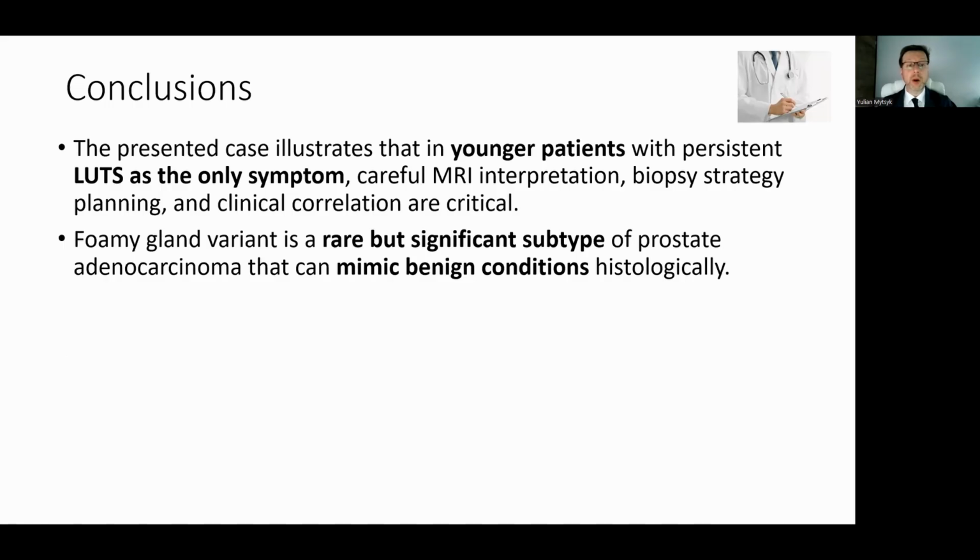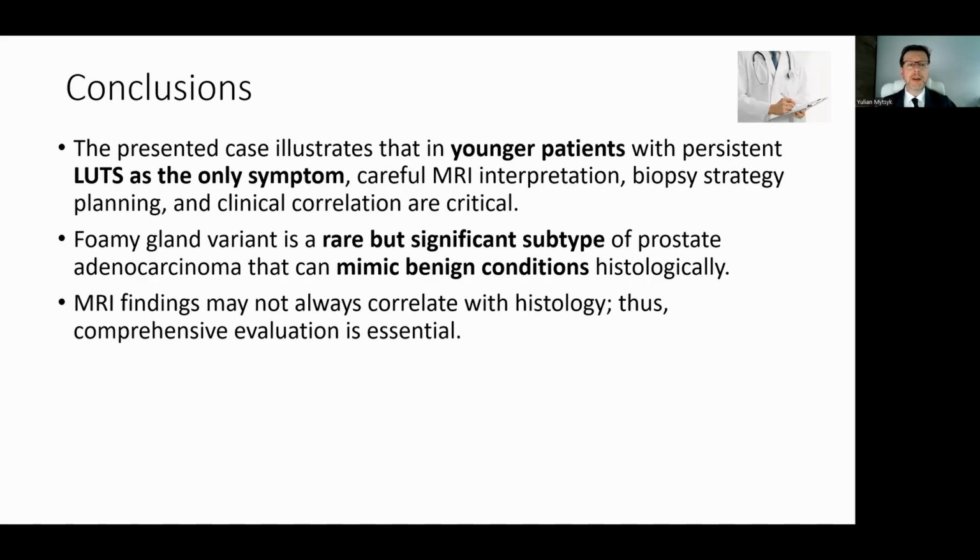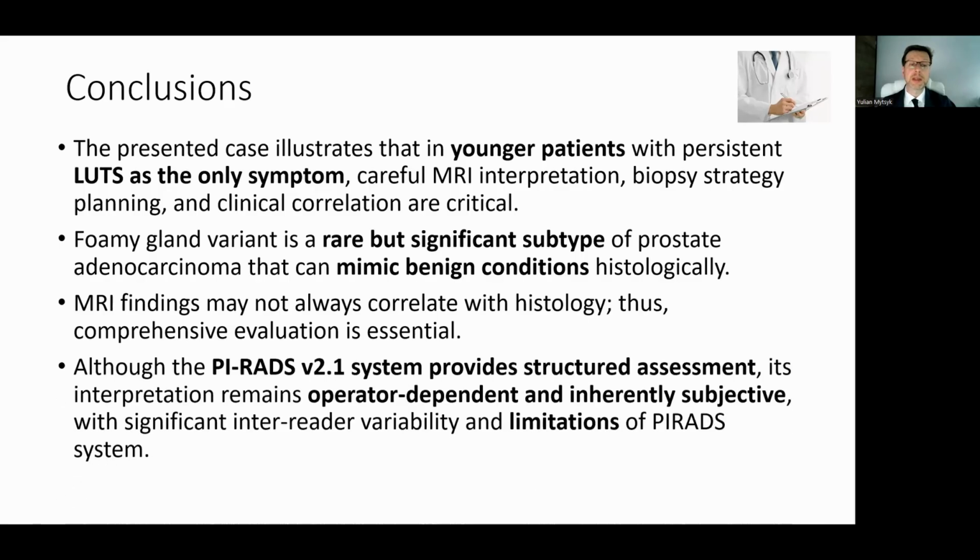The foamy gland variant is a rare but significant subtype of prostate adenocarcinoma that can mimic benign conditions histologically. MRI findings may not always correlate with histology, thus comprehensive evaluation is essential. Also, the PI-RADS system provides structured assessment.